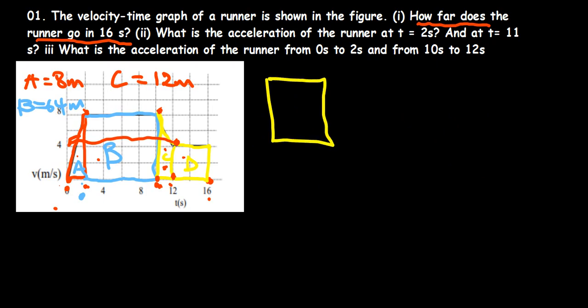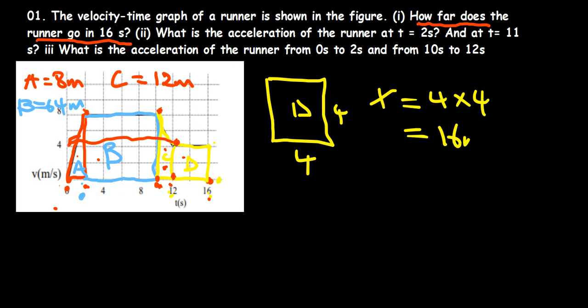So it means the displacement for D will just be what? Displacement is equal to 4 multiplied by 4. So this here is going to give us 16 meters. Okay, so meaning the displacement for D is just 16 meters. So we found the displacement for all these shapes that we had.